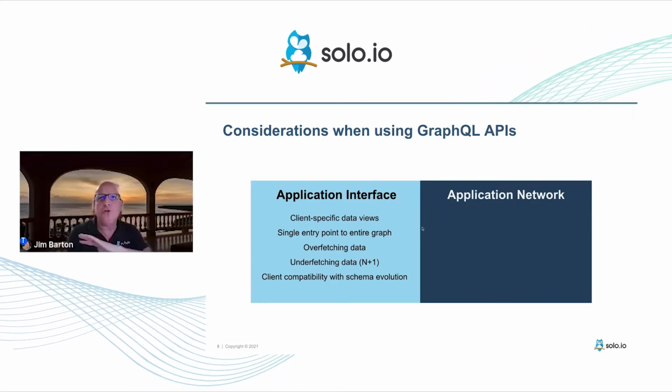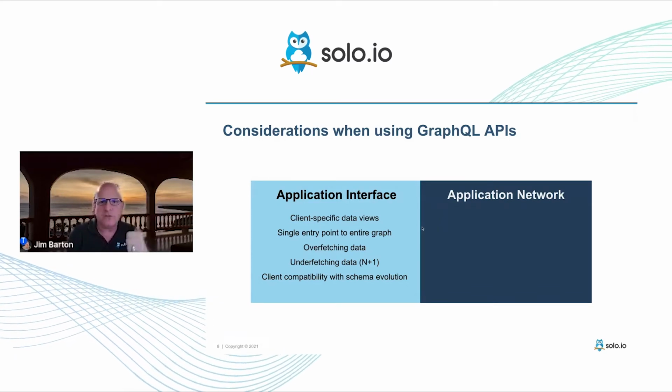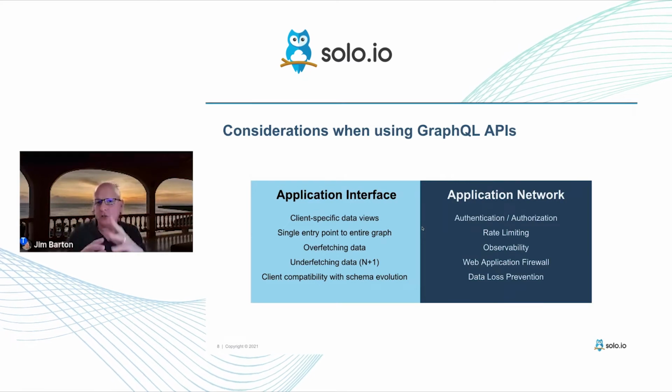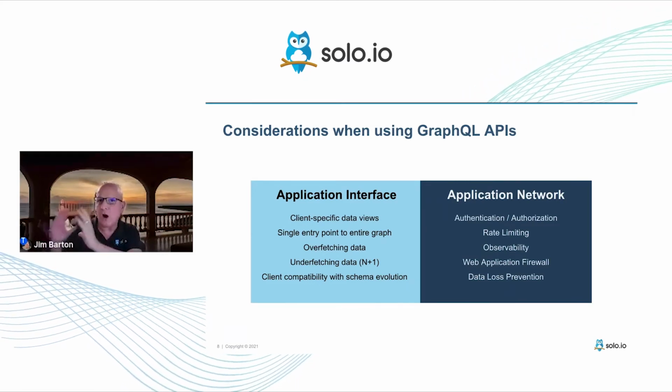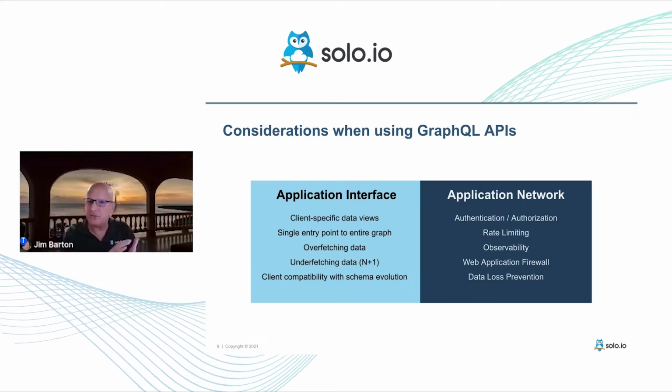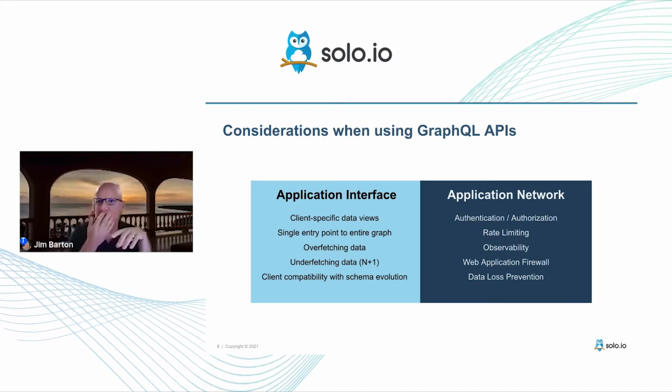So that's all generic GraphQL stuff. It's all great stuff. It's the reason why we love it. But there's an additional set of concerns that comes when you're operating an application network that aren't often satisfied very well by the current set of solutions that are out there.